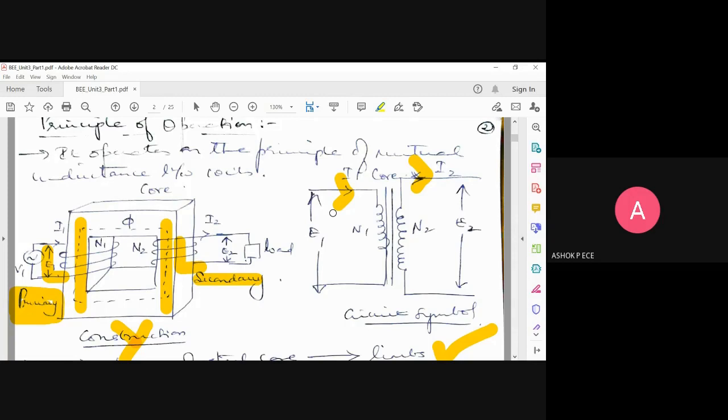But my question is, for DC this transformer will not work, and for AC it works. What is the reason? For AC, there is a change in polarity, so there is a change in magnetic flux. Because there is a change in magnetic flux, there is induction and current flows in the second coil. This doesn't happen in the case of DC because there is no change in magnetic flux.